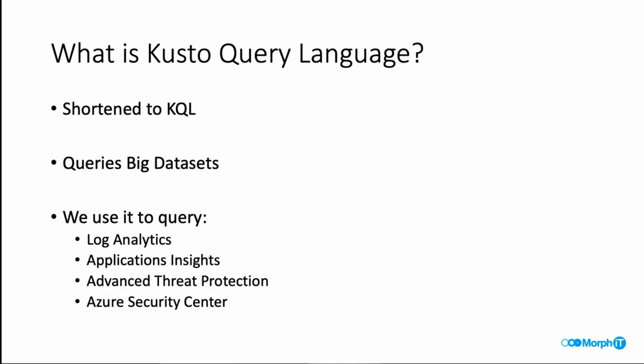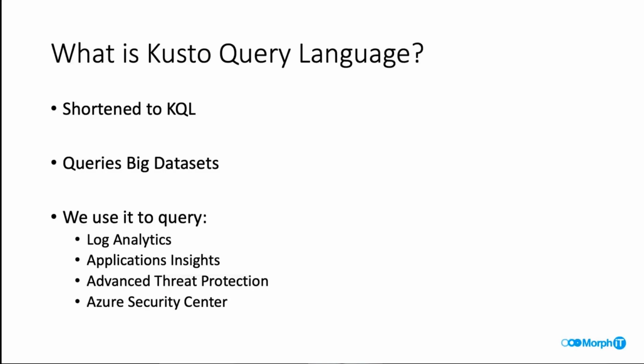The main thing we're using it for is to look at: are things up? What is the performance of our applications and databases? And it's really cool because I learned KQL from an application developer who had used it for their applications, and then I applied it to the database.